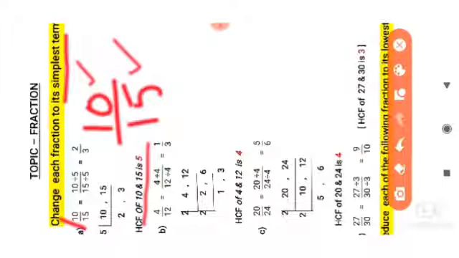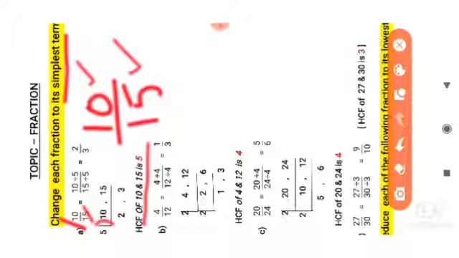If you find out the HCF of these two numbers, then let's try how to do it. You must remember the steps. Yes, we will find out the common factor of these two numbers. What is the common factor of 10 and 15? The common factor of 10 and 15 is 5.